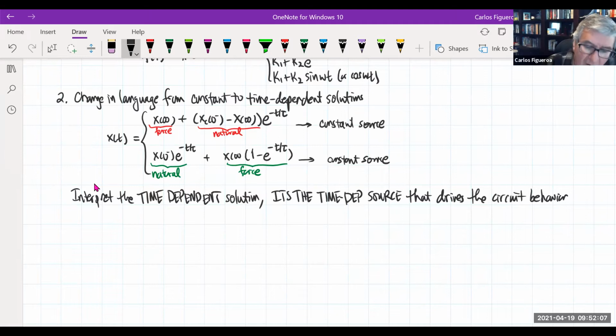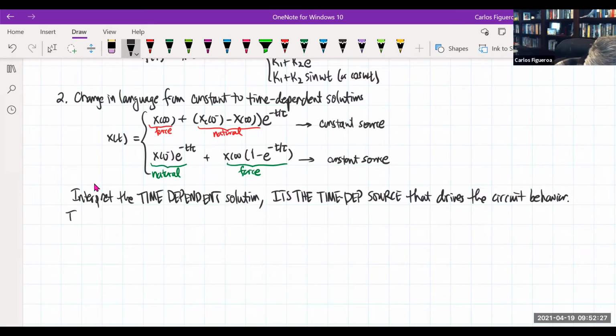When I look at the constant source, what drives the behavior of the circuit? Well, it's the constant source. But the time-dependent source will then force the forced response to behave exactly the same way.